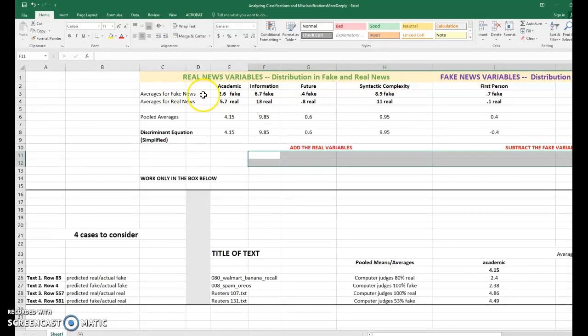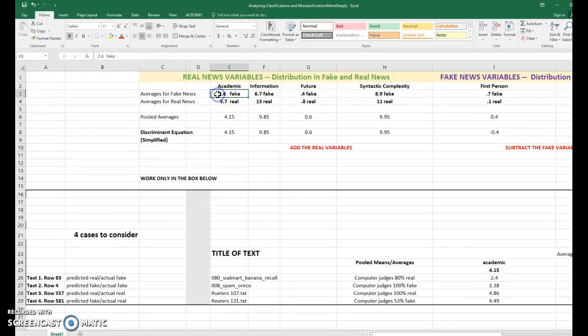What we've done here is across the corpus, these are averages for fake news. In fake news, academic is distributed about 2.6% frequency, whereas in real news, it's distributed at about 5.7% frequency. Information is distributed about 6.7% frequency in fake news, and in real news, about 13% frequency.